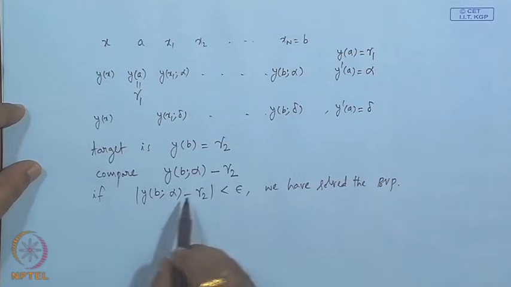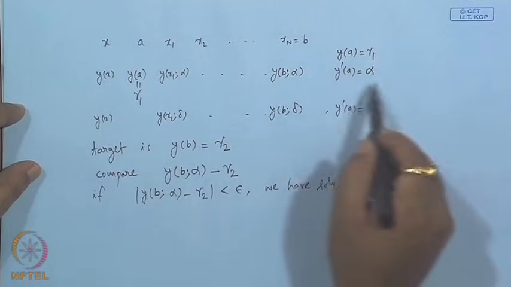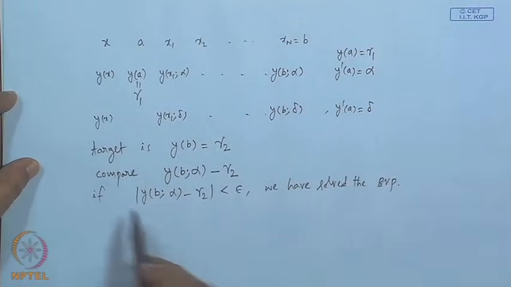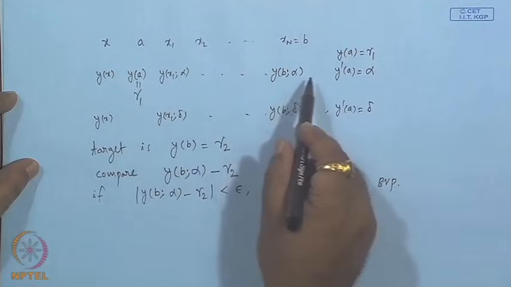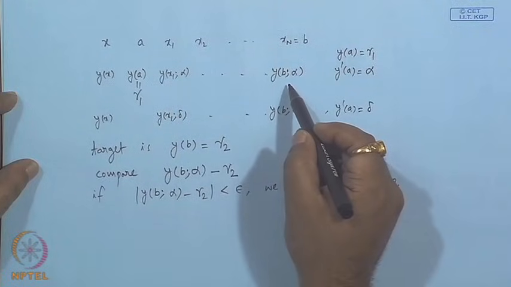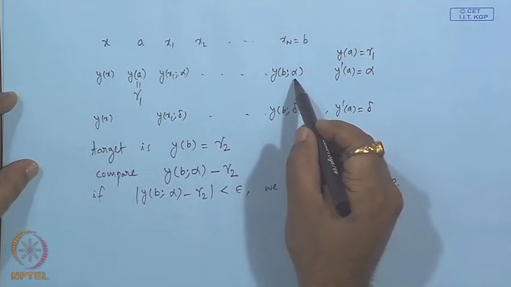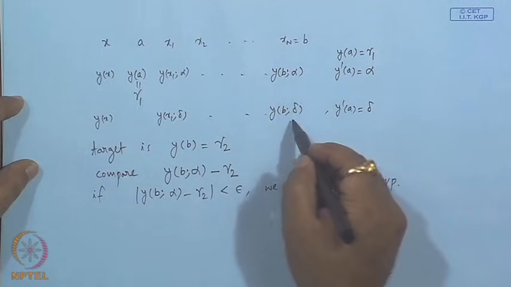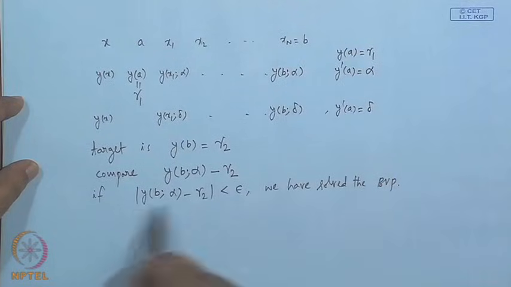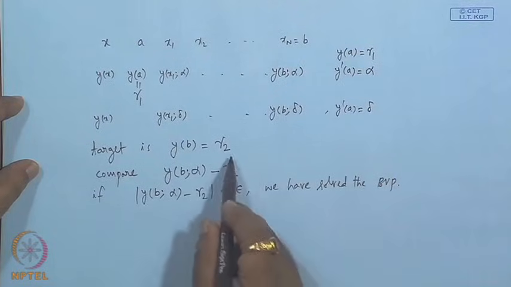Do you get it? We have some initial guess alpha, that is our slope. Then you solve the IVP using some favorite method, and we get the values at every grid point. So, we get the solution at the boundary point as well with the slope chosen. Now, suppose one of your friends has solved with delta as the slope, then we check the difference because our target is gamma 2.